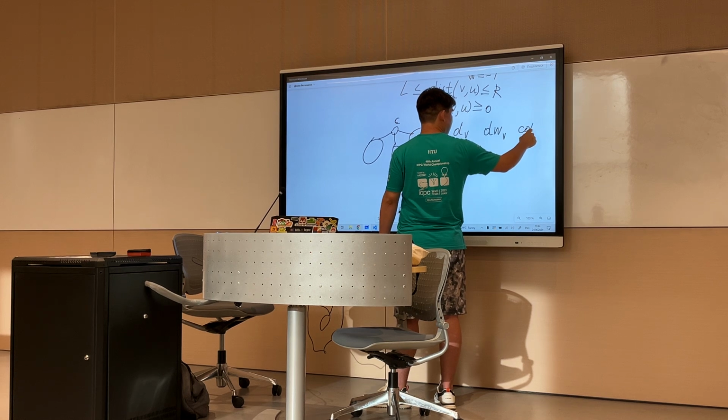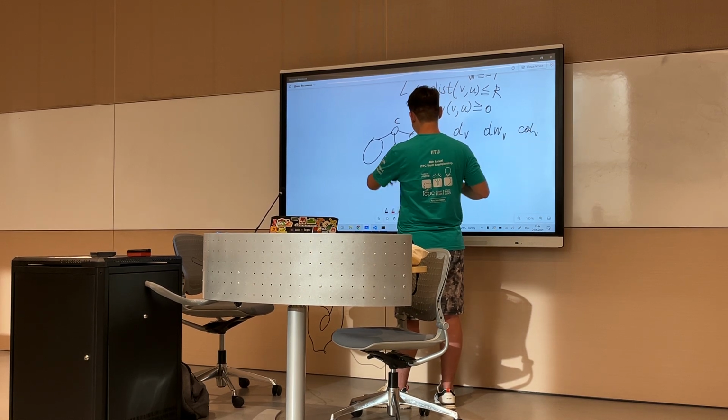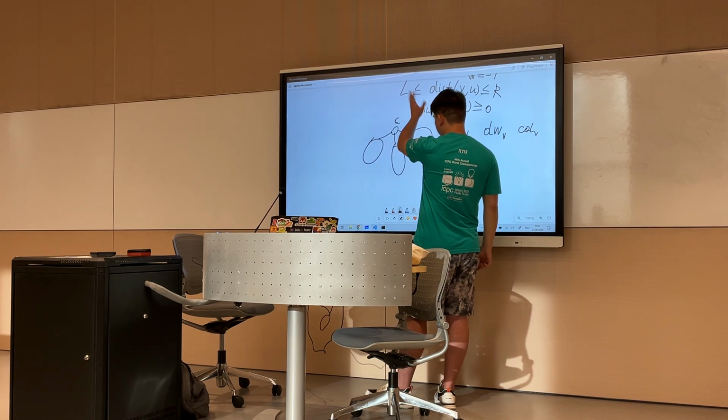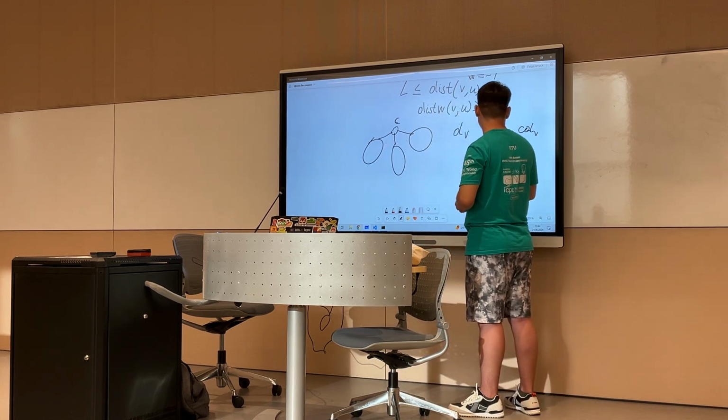Color means the number of its subtree. That will be the first subtree, that will be the second, and third, and so on.